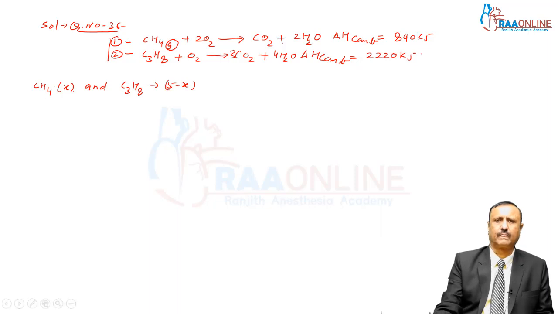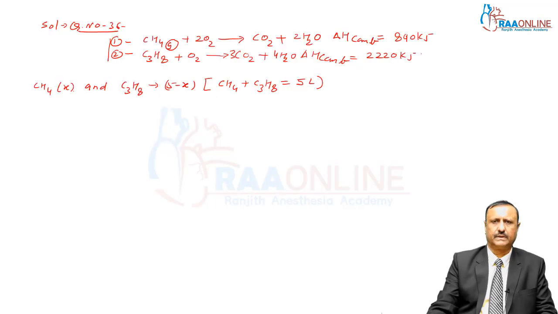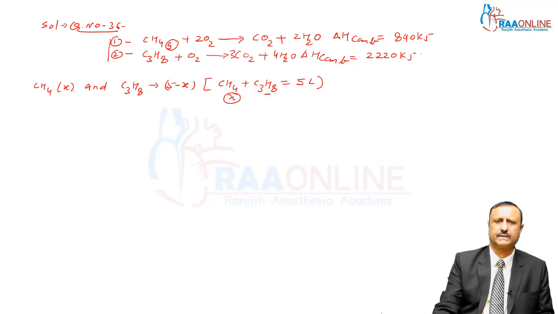Because methane plus propane form the 5 liters. So when we take methane as X, then propane is 5 minus X.